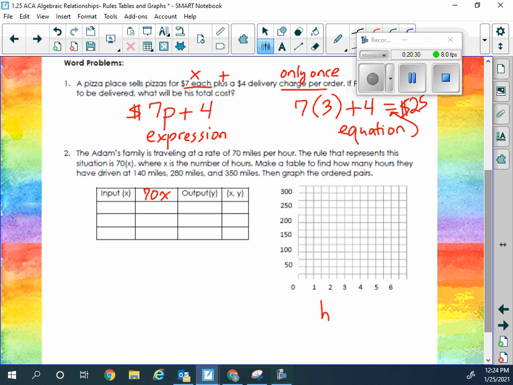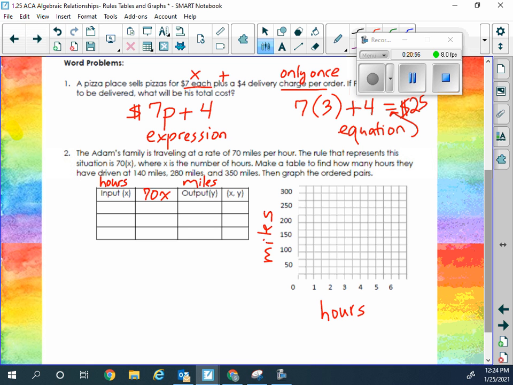Hours, very good. Fill that in. Those are your hours. So then what are these going to go up the side? Miles. Your miles, very good. Okay, so now that I know that my X is my hours, I'm going to move that over here to my table. And my output was the Y. So, going back to the story, I was able to fill in 70X.